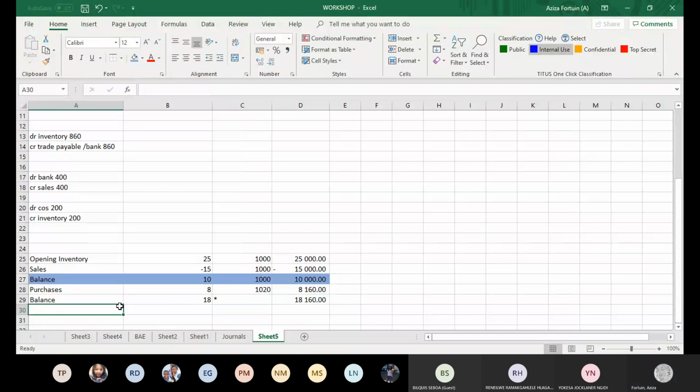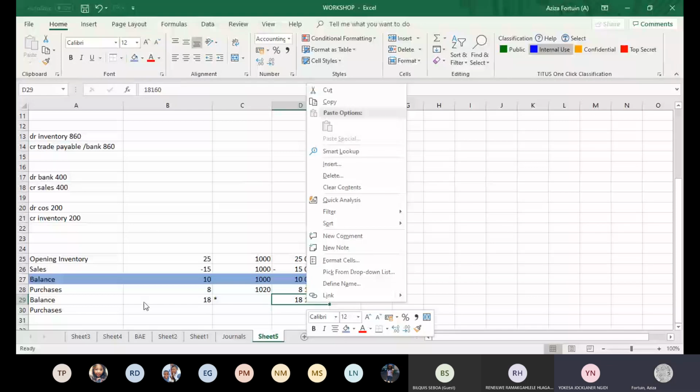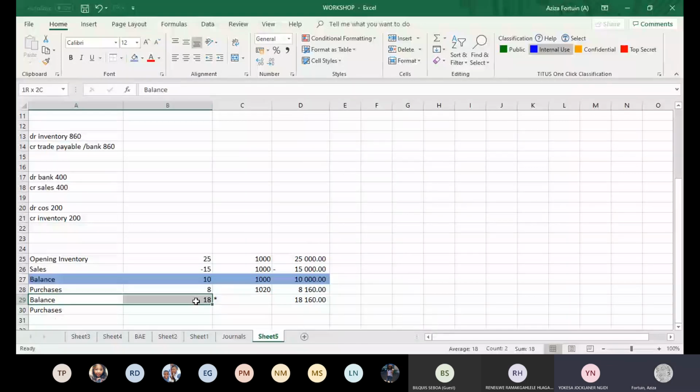Okay, so the next one was we purchased 12 units at 10.30. So what do we do now? Once again, purchase. Sorry, yes, just before we move to purchases. We purchased on the second 8 units, each at 1,020 rand, and then we got 8,160.